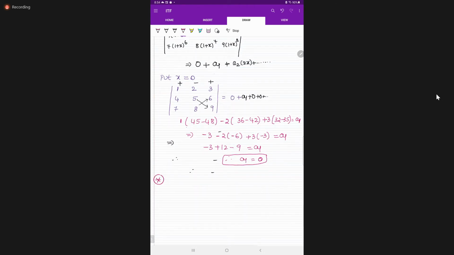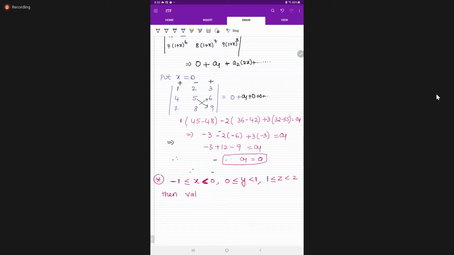Greatest integer function. We are given that -1 is less than or equal to x is less than 0, 0 is less than or equal to y is less than 1, and 1 is less than or equal to z is less than 2.